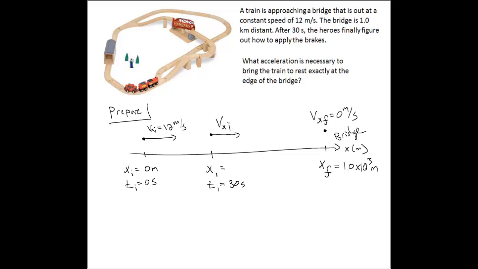We don't know that position, and we don't yet know what the velocity is at that point, although we can guess it pretty soon. We also know something happens between point 1 and the final position, which is that there must be some acceleration in the left-hand direction such that the train actually slows down.